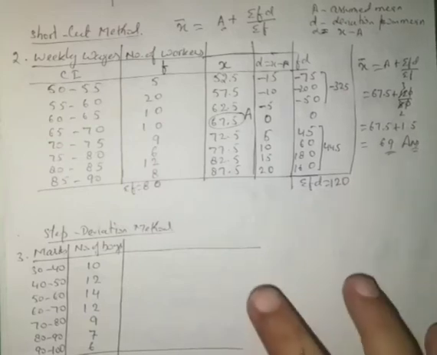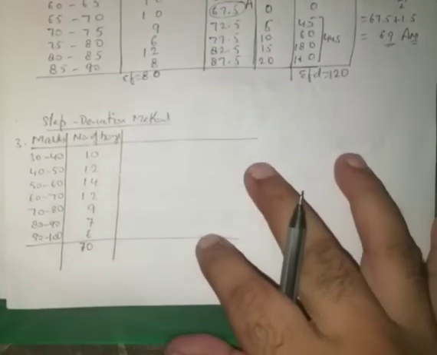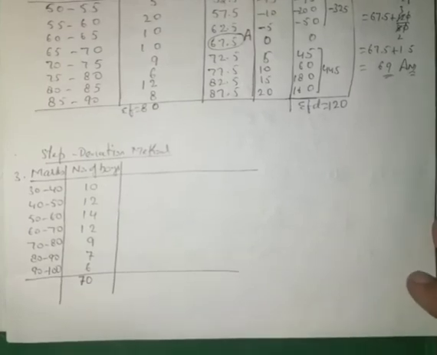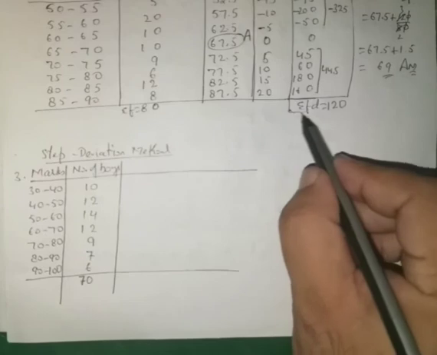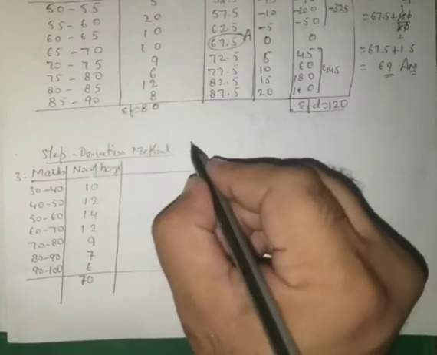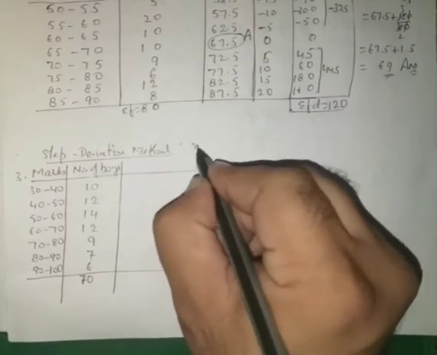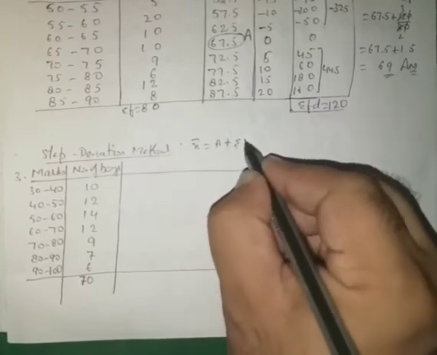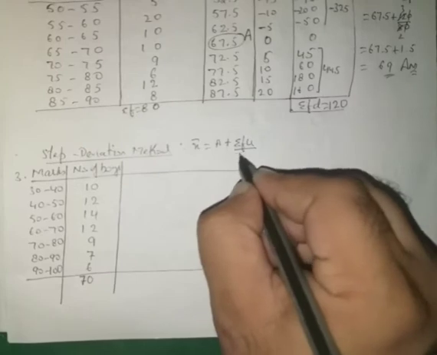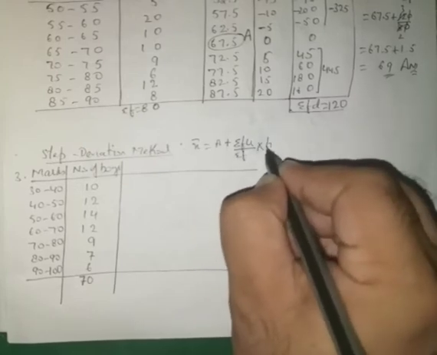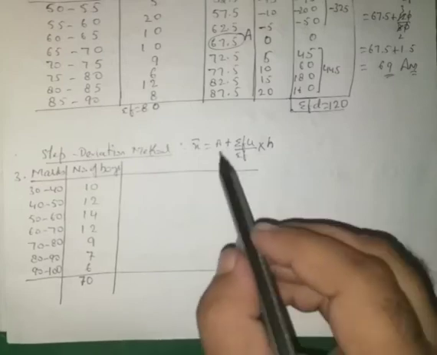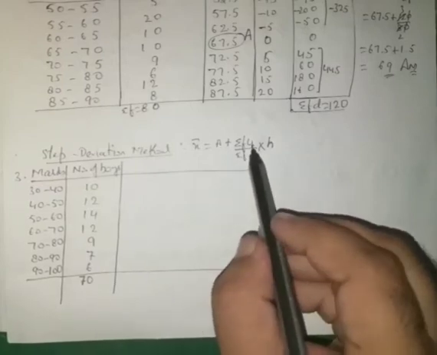Now similarly, I will be talking about the third method. In the step deviation method, the mean x bar is given as A plus summation of fu over summation f multiply h. Once again here A is the assumed mean.